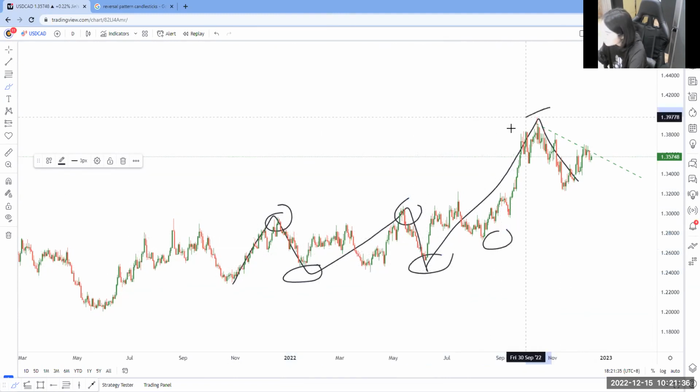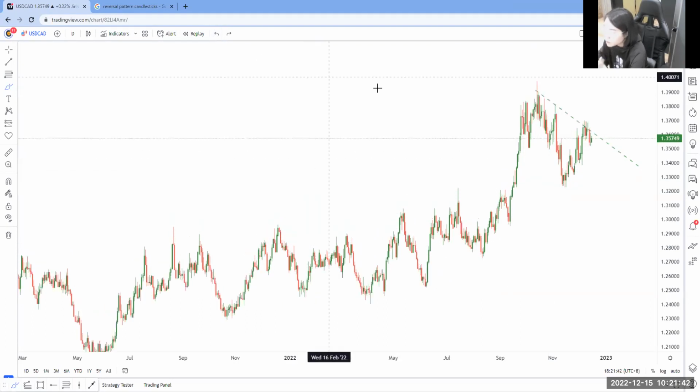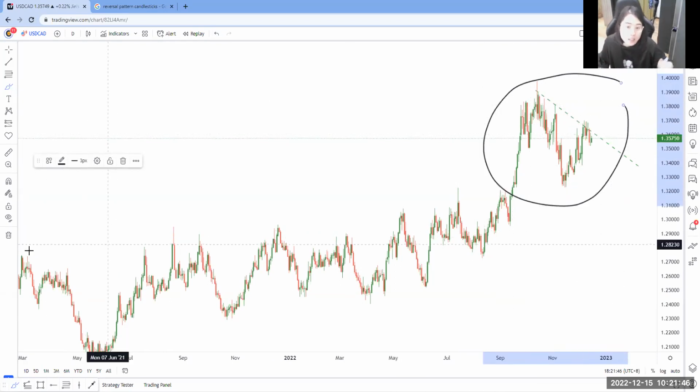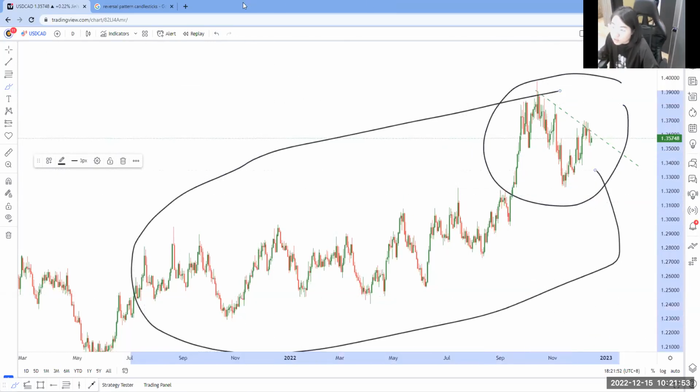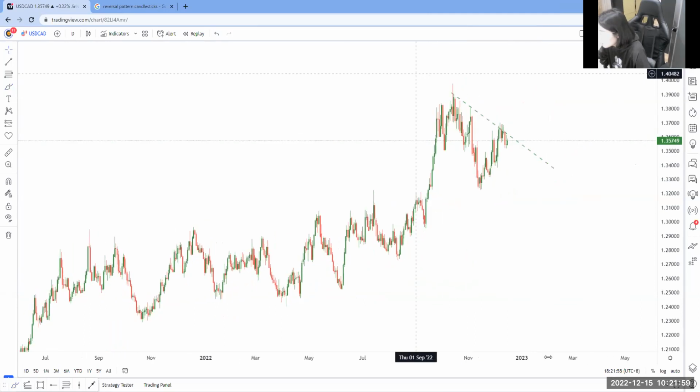But it doesn't matter what it's doing on the longer picture. We're going to focus on this area here because I think most of us here are either day traders or scalpers. So this big picture is not relevant to us for now, unless we are swing trading.